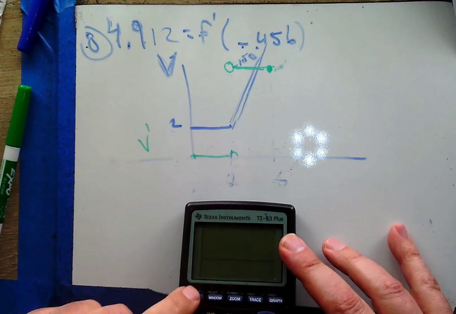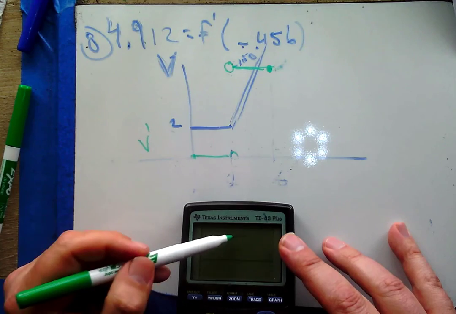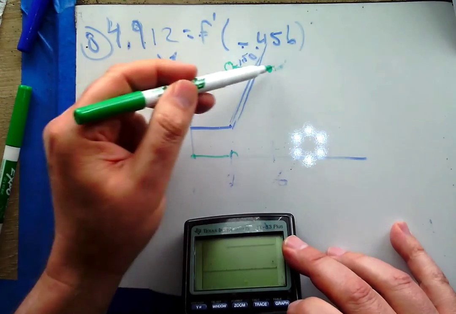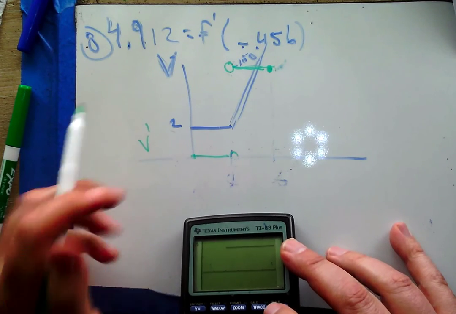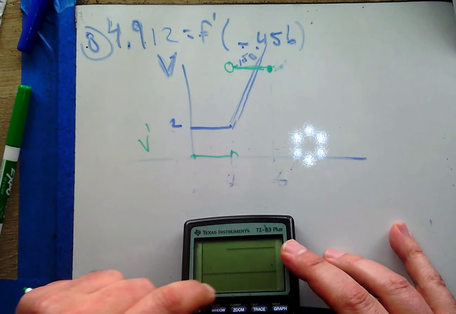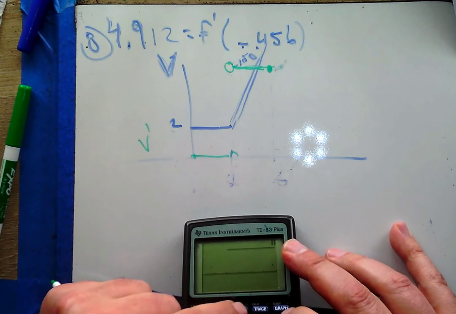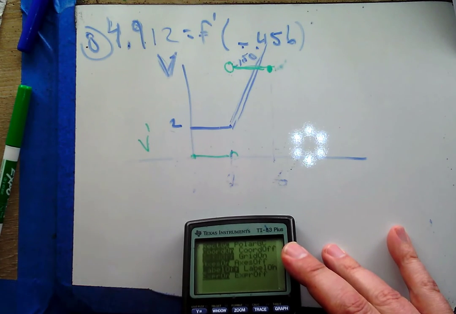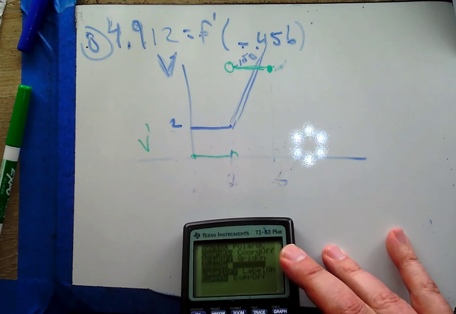Why don't I see anything? Oh, because it's still working. Ah, there's this piece up here. And what about the piece here at 2? Well, I just can't see it, but I know it's there. Let's go to format and turn the axes off. Axes off.